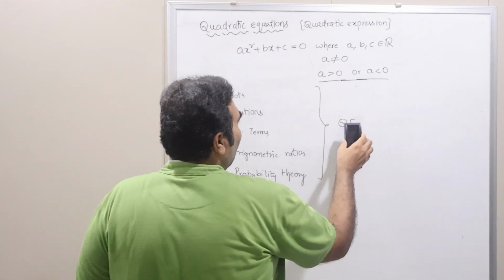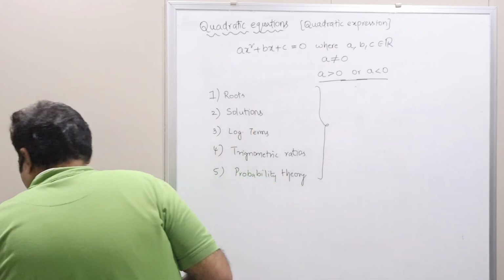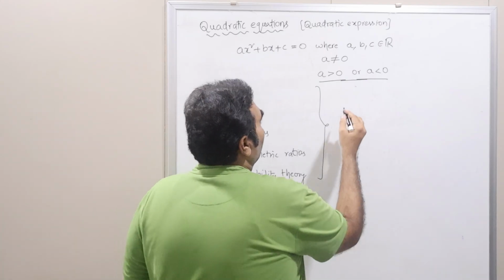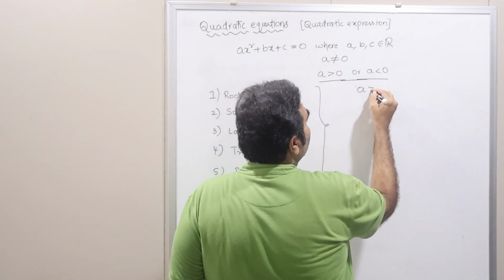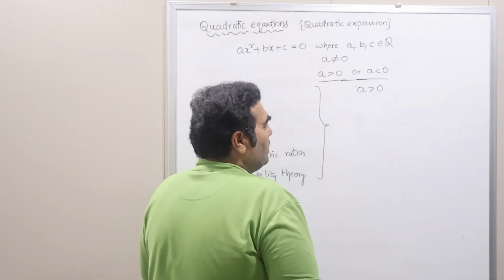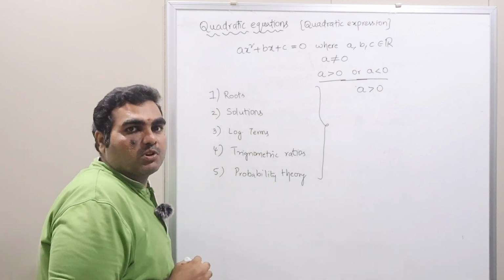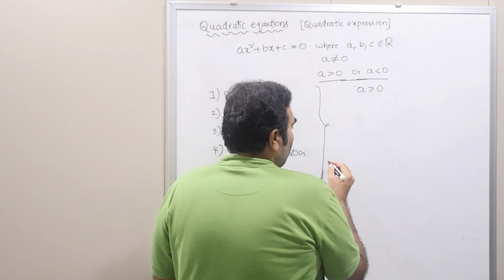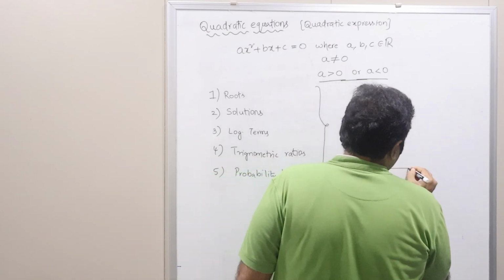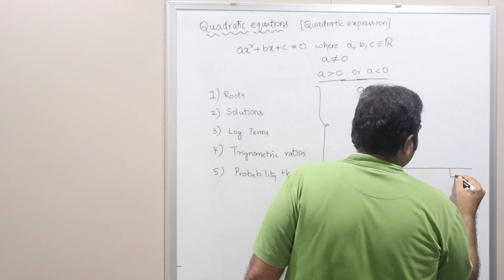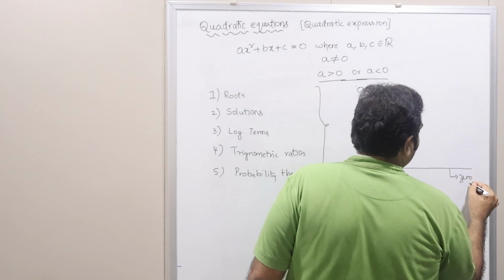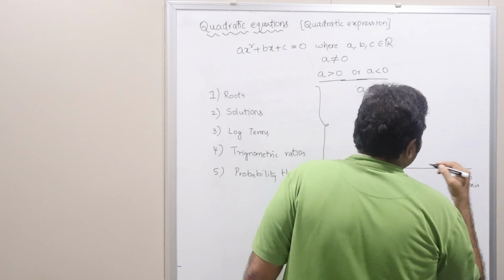As I told, a can be positive and a can be negative. Let us see what happens if a is positive. Let me draw a line which represents my 0 axis or x-axis.